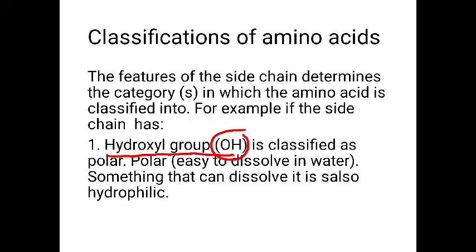The word polar means something that can dissolve in water. So an amino acid with this group, which is hydroxyl, is classified under polar amino acid.